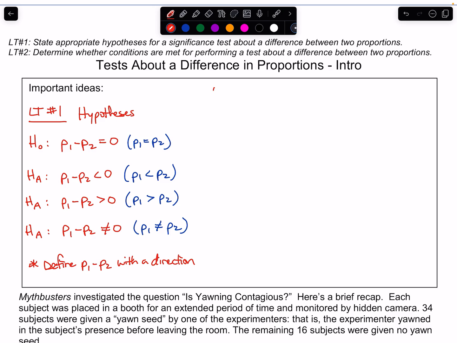Learning target number 2, we didn't get into this yet, but this is also important, is our conditions. Are the conditions met to run a significance test? Similar to what we've learned previously, our first condition is that we need it to be random.